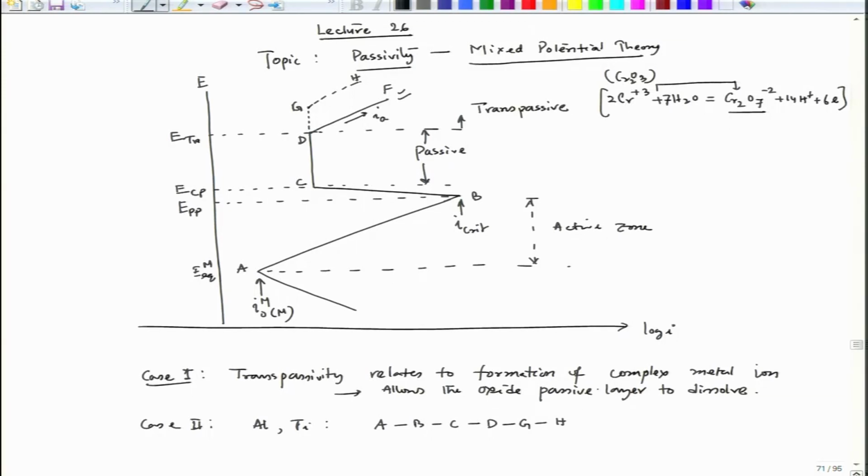Since I am increasing the potential, my layer thickness changes. This is the metal surface, let us say, and this is the passive layer that is forming.